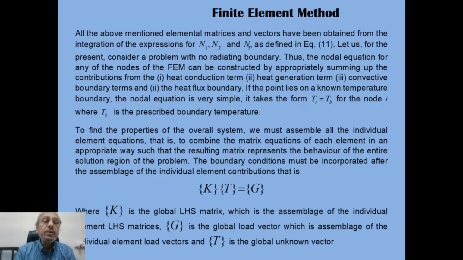Thus, the nodal equation for any of the nodes of the FEM can be constructed by summing up the contributions from the heat conduction term, heat generation term, convective boundary terms, and the heat flux boundary.